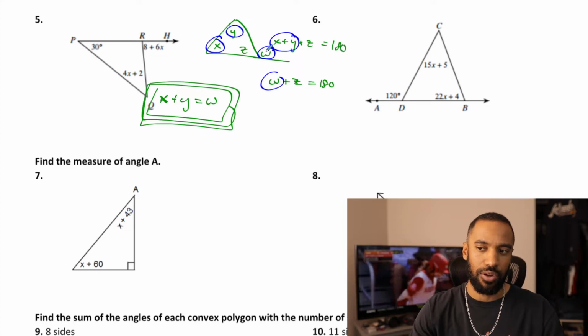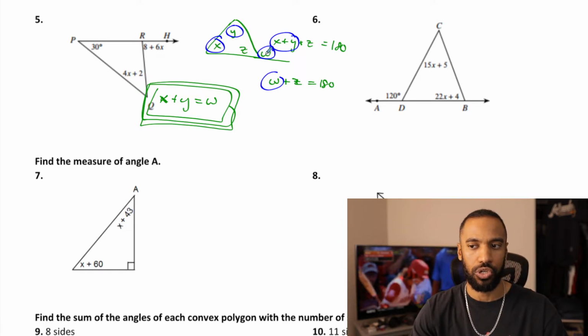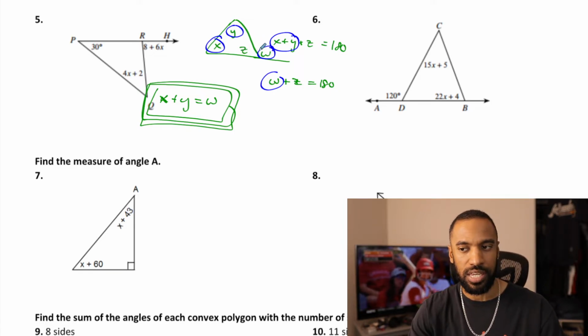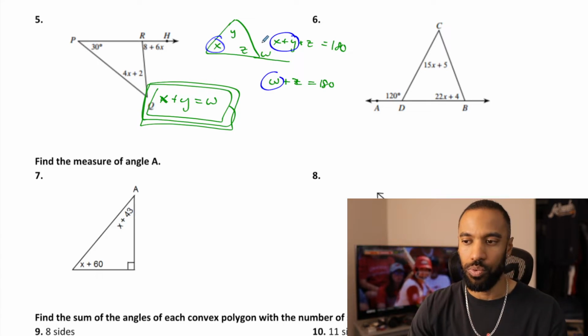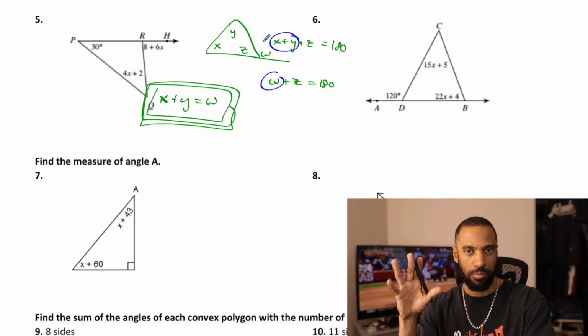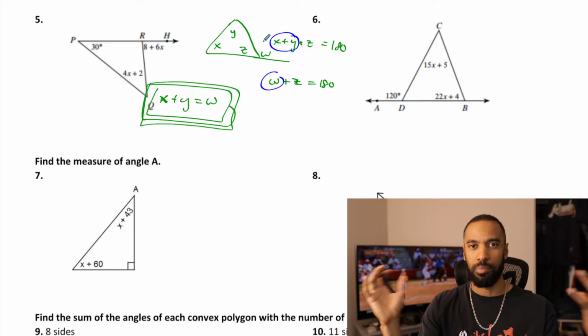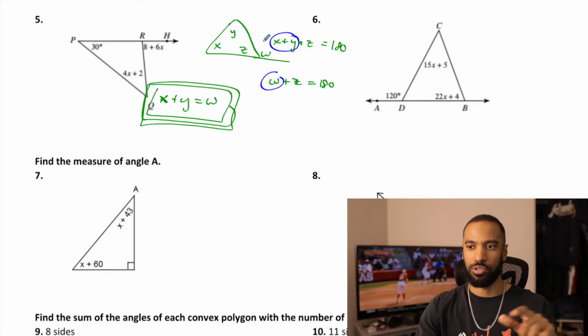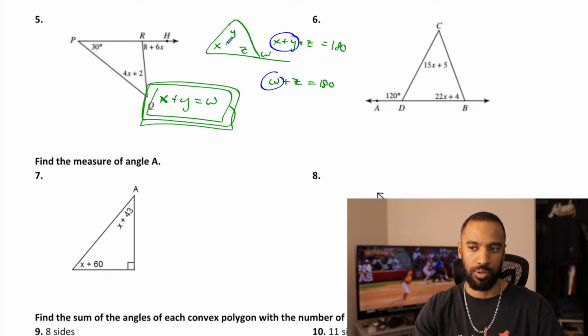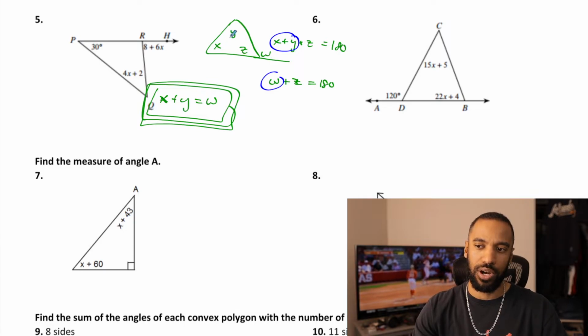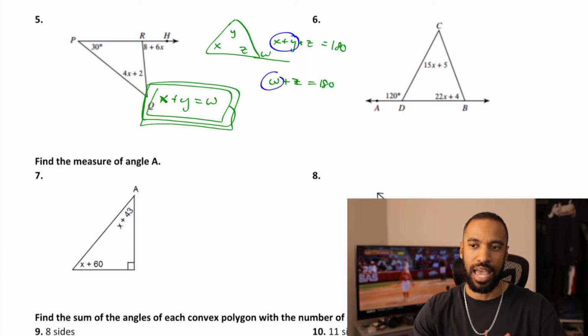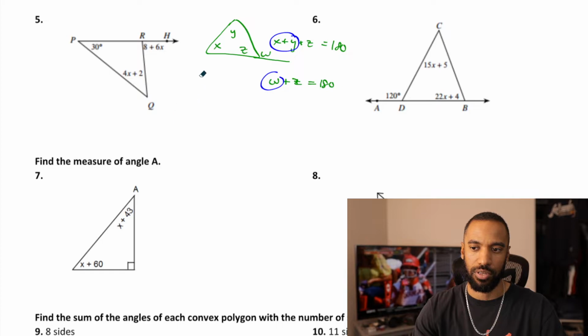The exterior angle that is not close to the other two, that is not adjacent to them like the z is. When you add those two remote, it's all relative when I say it, remote interior, remote exterior, they are remote to each other. The two interior angles x and y are remote to w, w is remote to x and y. These two remote interior angles added up equals the exterior angle, the remote exterior angle there.